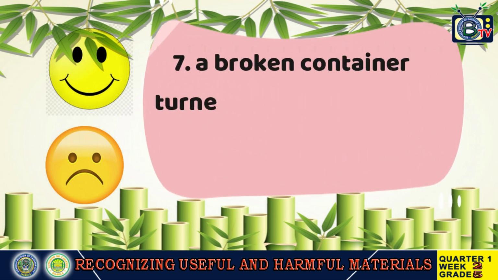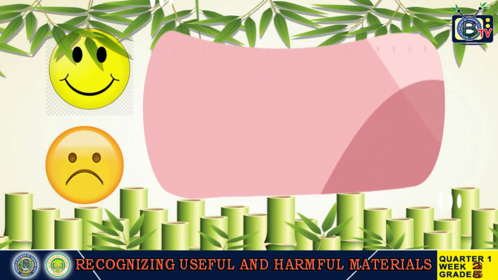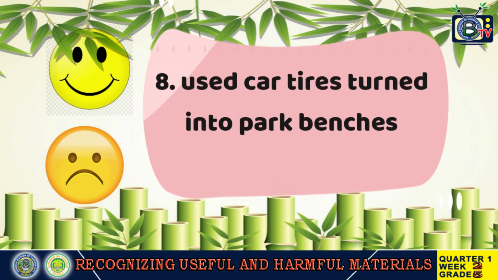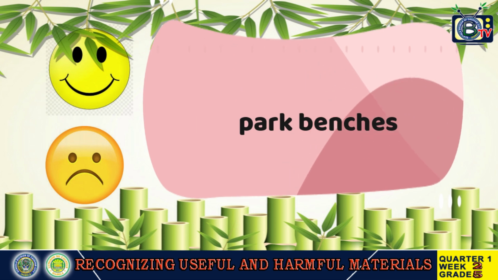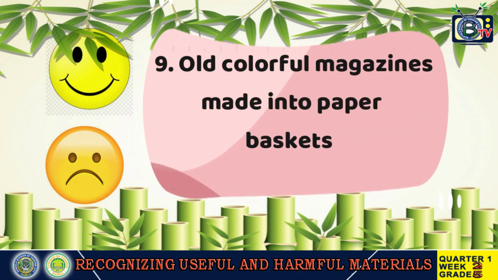Number 7, a broken container turned into decorative plant holder. And number 8, use car tires turned into park benches. And number 9, old colorful magazines made into paper baskets.